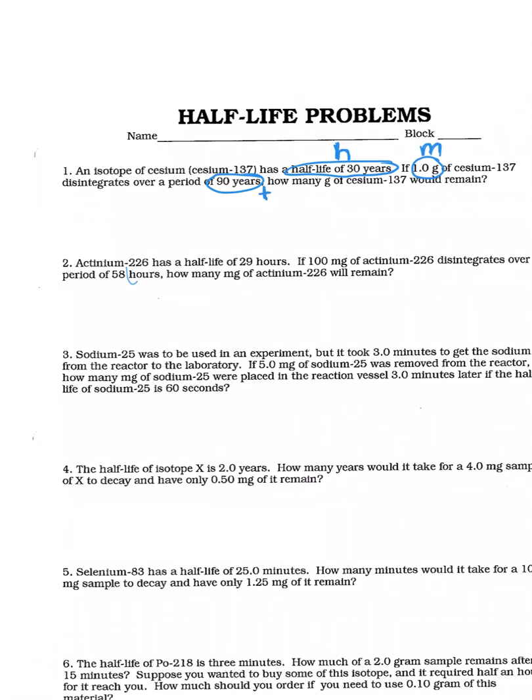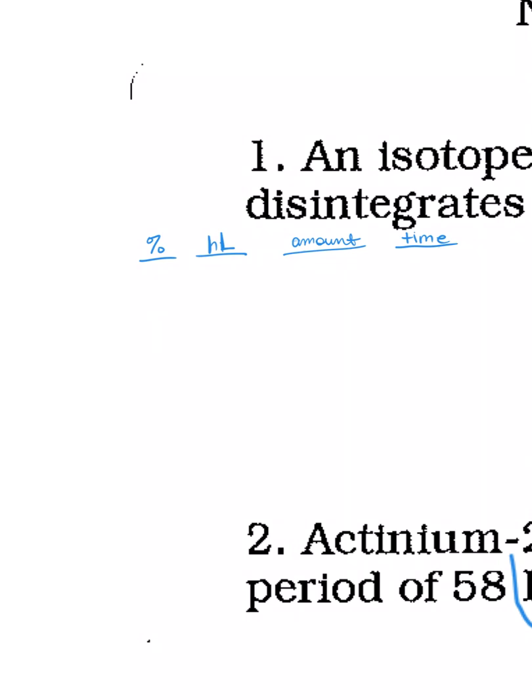So what I'm going to do is set up a table here, and we're going to break down each of these categories. All right, so the categories I have are the percent, the half-lives, the amount, and the time. So in the very beginning, before anything has happened, you have 100% of your amount, okay? And before anything is halved, you've had 0 half-lives.